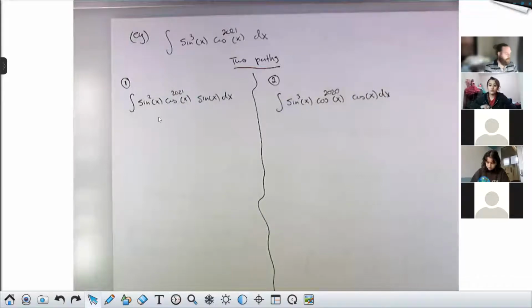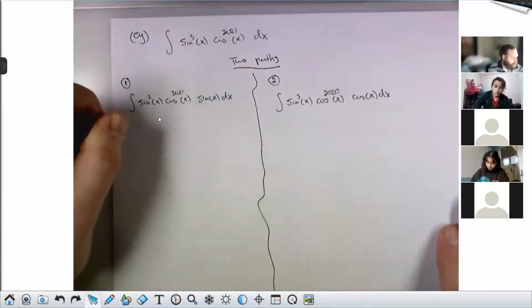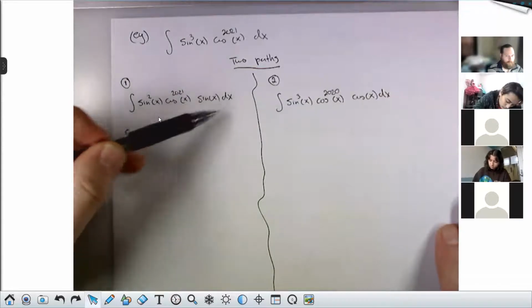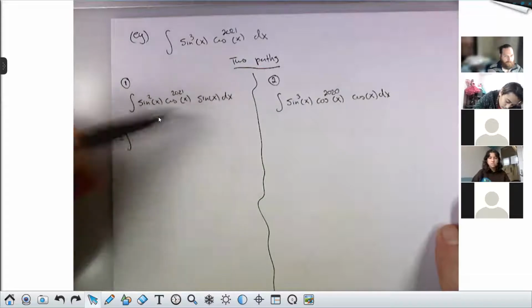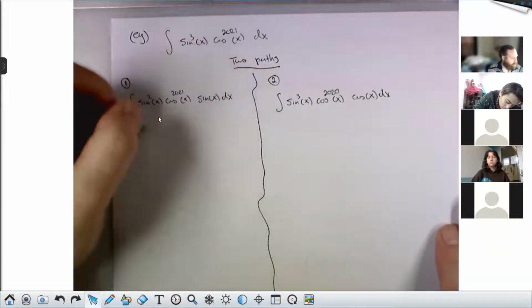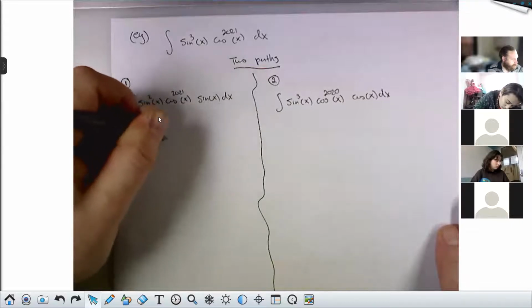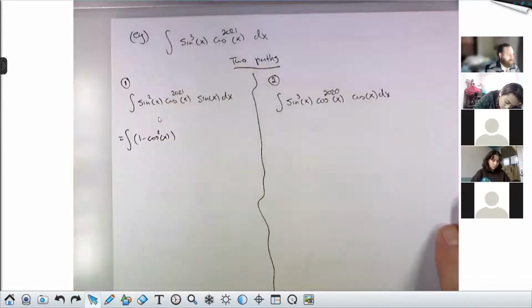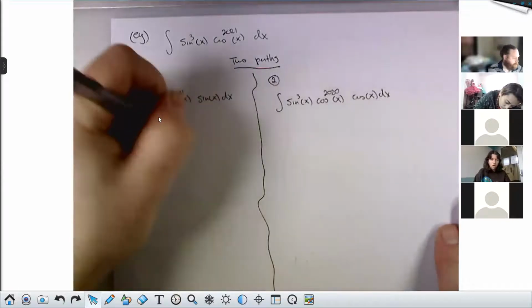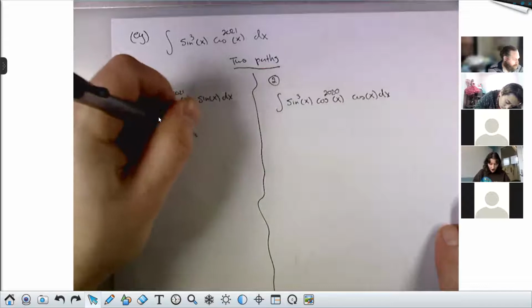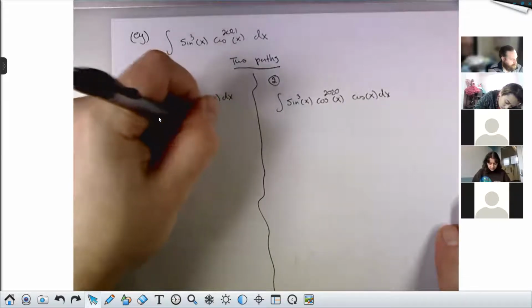Before I could execute either of those, I need to rewrite all the remaining powers. So here I want to substitute for cosine because I'm setting aside a sine. That means I need to rewrite the rest of these sines as cosines. So sine squared, by the first Pythagorean identity, is 1 minus cos squared, and then cos 2021 sine x dx.